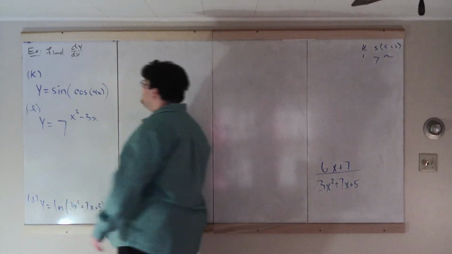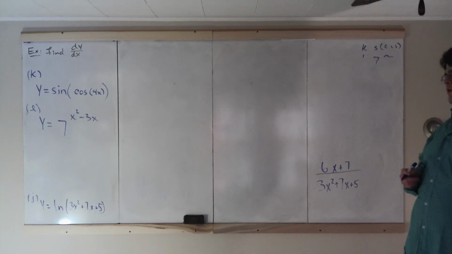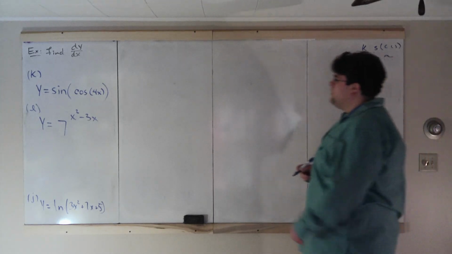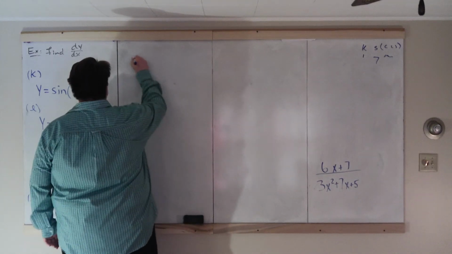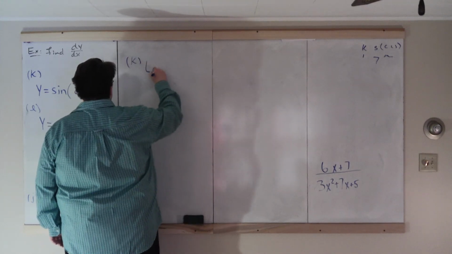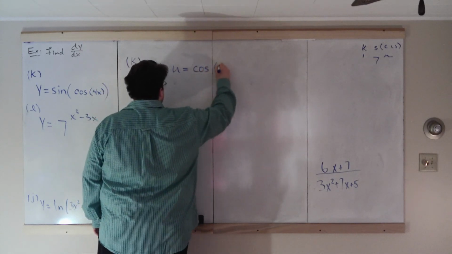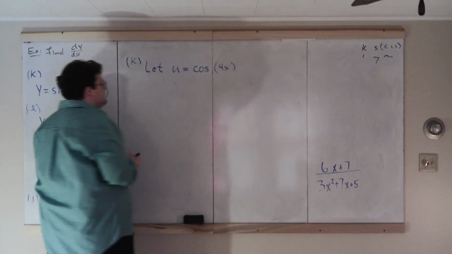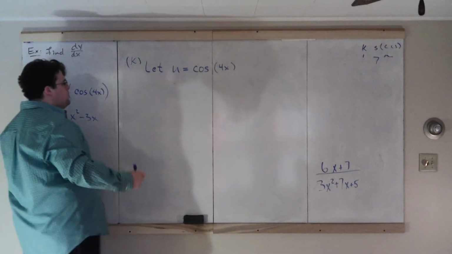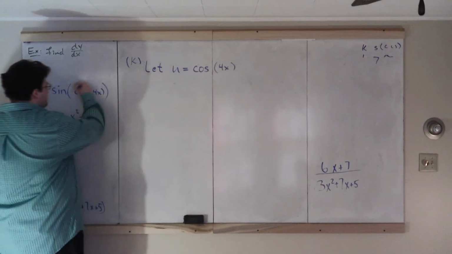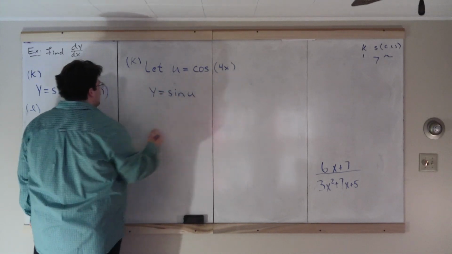K. What do we have for k? Sine of cosine of 4x. Well, it's a sine function. What's it the sine of? It's the sine of the cosine of 4x. Well, okay, we let u equal this inside piece, so then y is just sine of u.